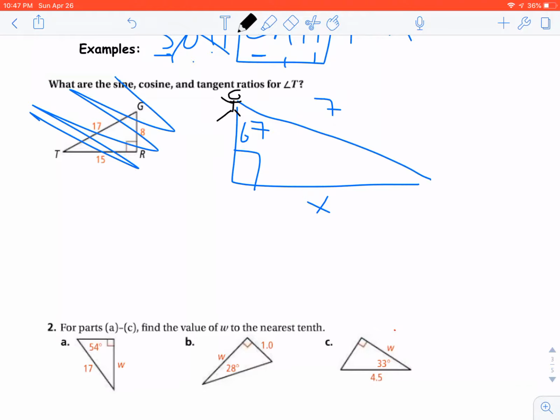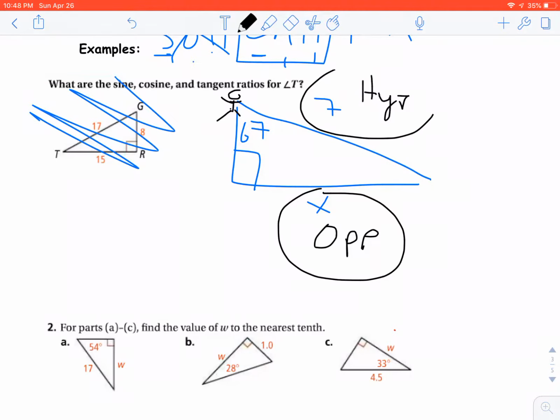Okay, and then step 2 was to label your hypotenuse. Well, this is my right angle. Opposite of that is the 7, and that is my hypotenuse. If I'm standing at 67, this side over here is opposite or across from me. That is labeled x. This is the adjacent. It was not labeled at all, so I don't care about it.